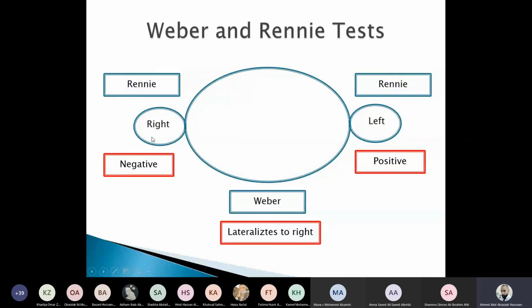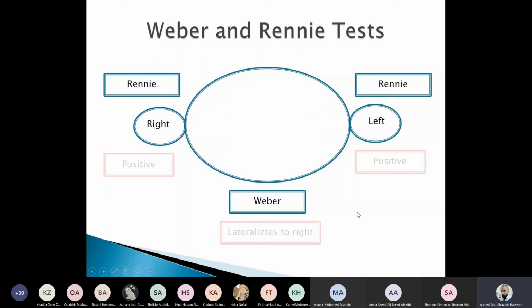So actually, Rinne here on the right side confirms that the right side has conductive hearing loss, and Weber lateralizes to the right, so they go together, and this case is a case of right conductive hearing loss. Okay, guys, I hope it's clear, but inshallah with more examples it will be much clearer.